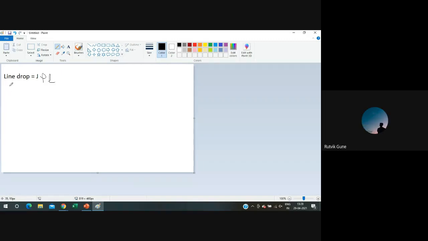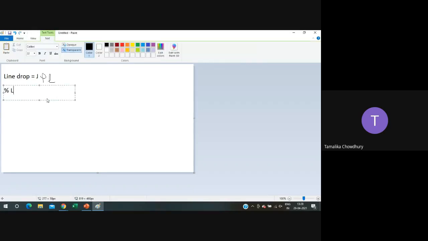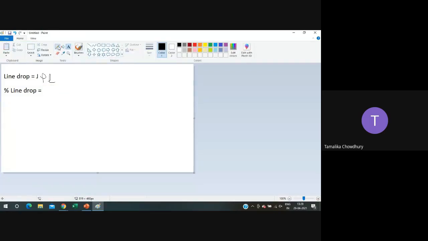Yes, ma'am. So the percentage line drop, that is basically what I was saying, will have in the numerator this J rho L divided by V into 100%. This was your formula.